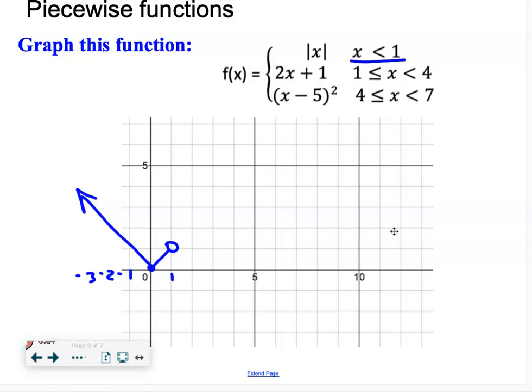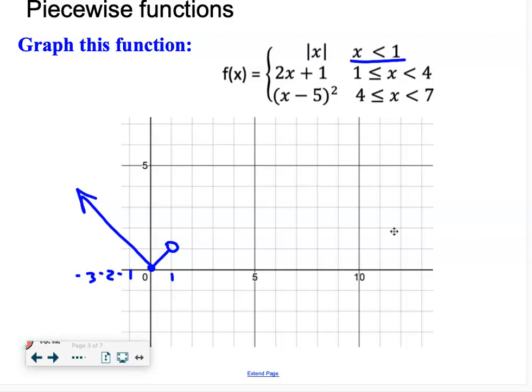All right. For y equals 2x plus 1, what's nice about lines that are between two numbers is, at 1, if I plugged in a 1, what's my y value? 3.